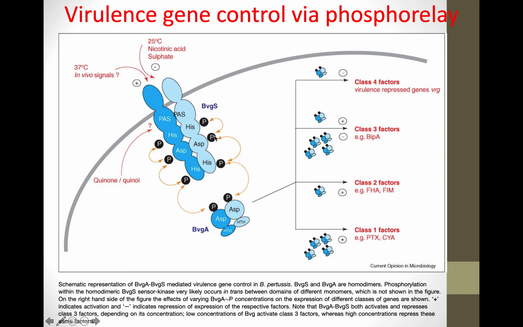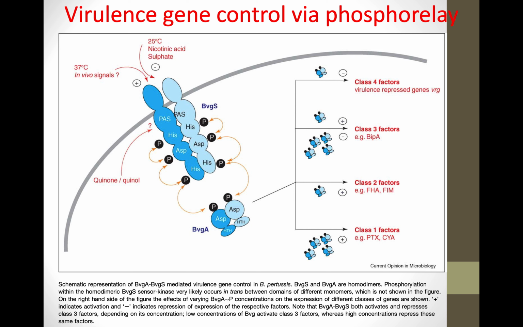Again, like I was telling you earlier on in the phosphorylase, in the four sequence slide, we have a kind of chain reaction occurring. A phosphate group is actually being passed between histidine to aspartic acid to histidine to aspartic acid until it reaches the final gene to be expressed.